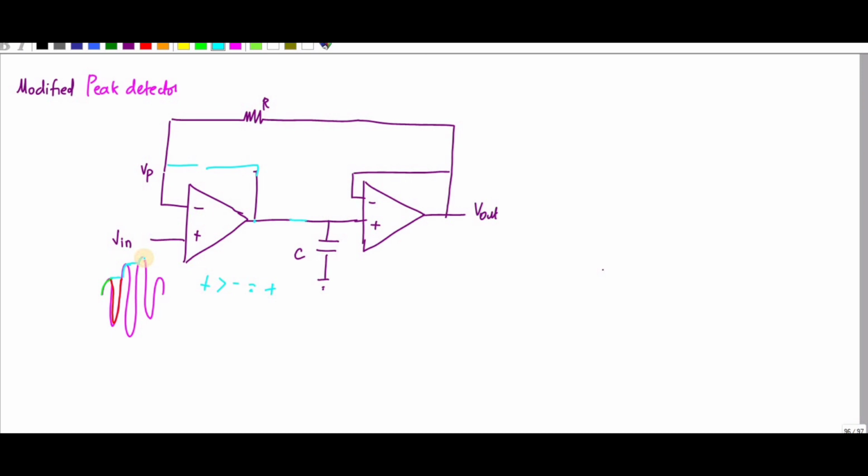So this modified peak detector overcomes the negative saturation problem which existed in the previous peak detector circuit.